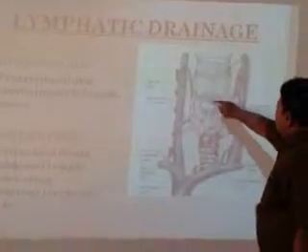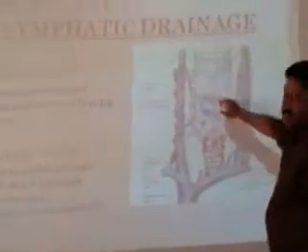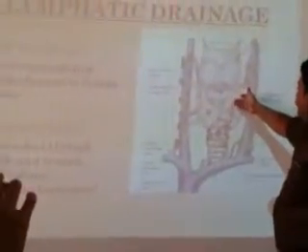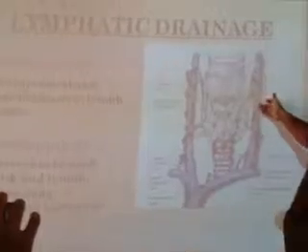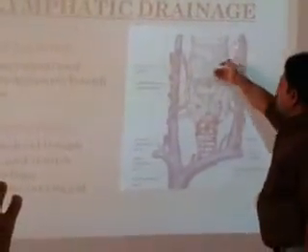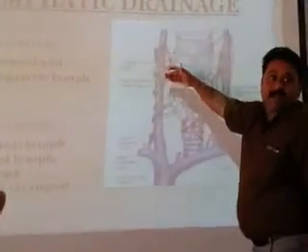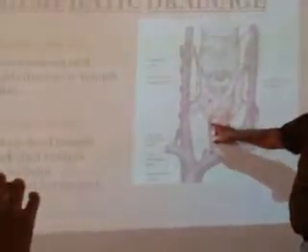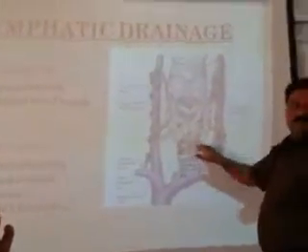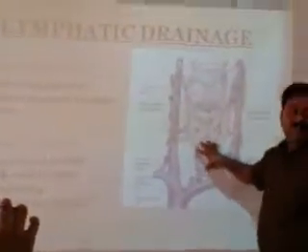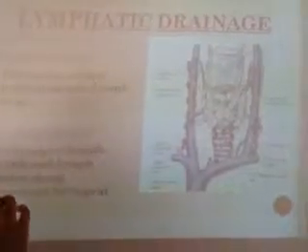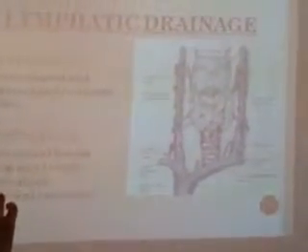Pre-laryngeal, before the larynx, and the jugulo-digastric group of lymph nodes. The upper part and the lower part drain into the pre-tracheal group of lymph nodes. Is it clear? Yeah.